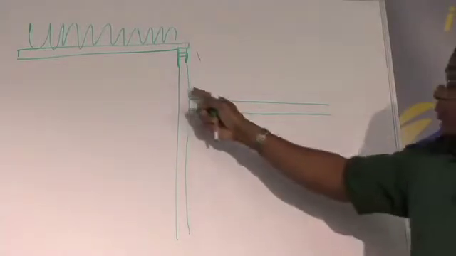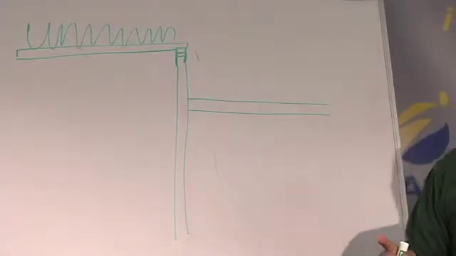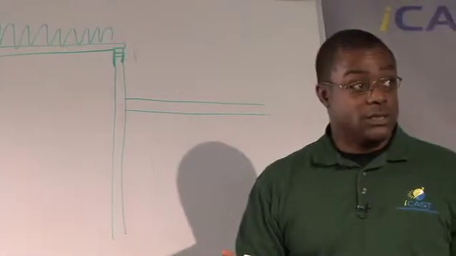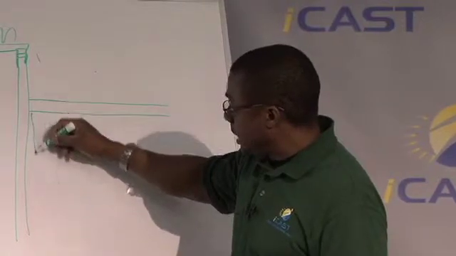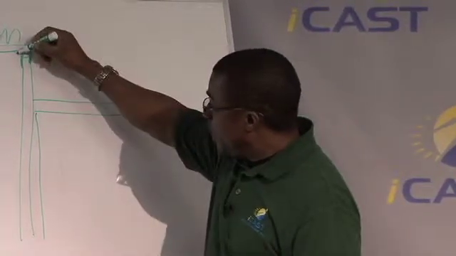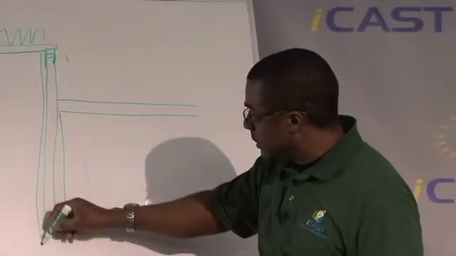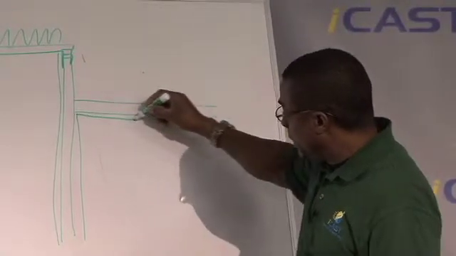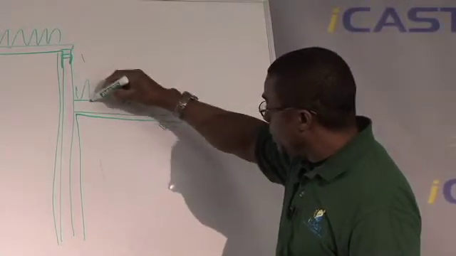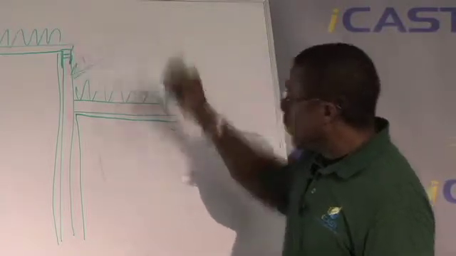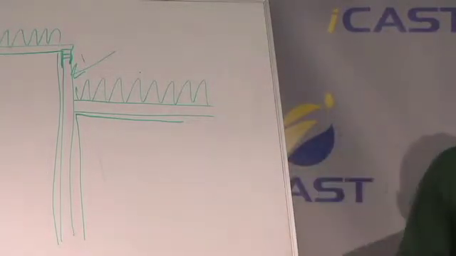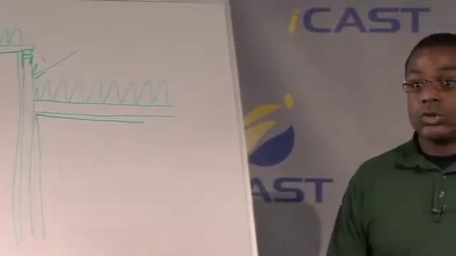Now, it's an interior wall, so it doesn't have any insulation in it, right? Okay. There's drywall on this side. There's drywall on this side. There's drywall here. We have insulation here. What's not there? There's no insulation there, but what else is not there?